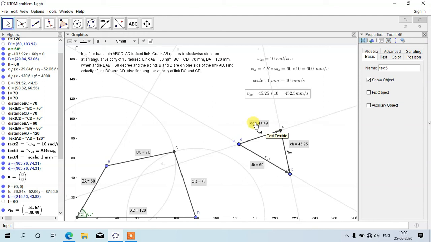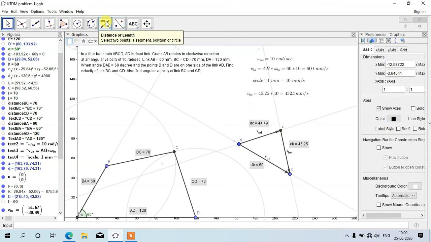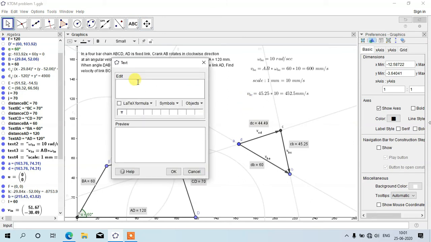Similarly, I can find the velocity of link CD, or velocity of C with respect to D, which is equal to the length of this vector, 44.49, multiplied by this scale, which is equal to 444.9 mm per second.